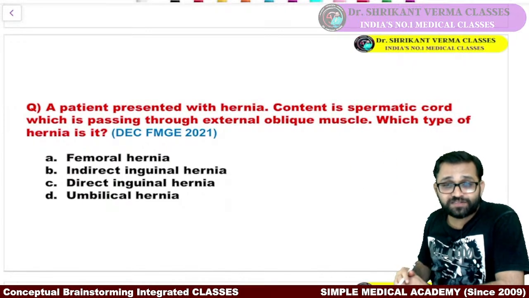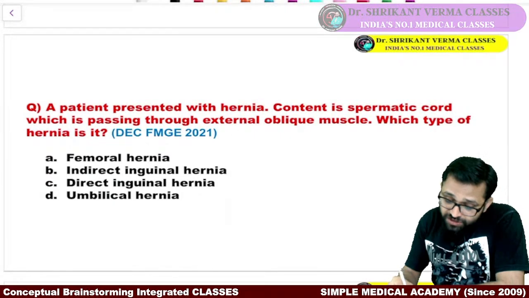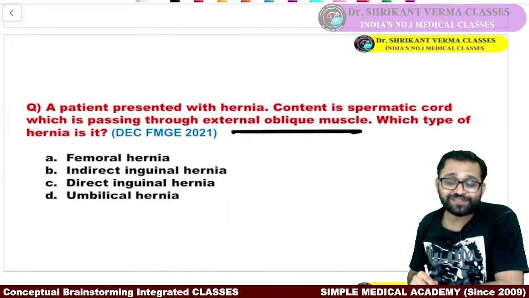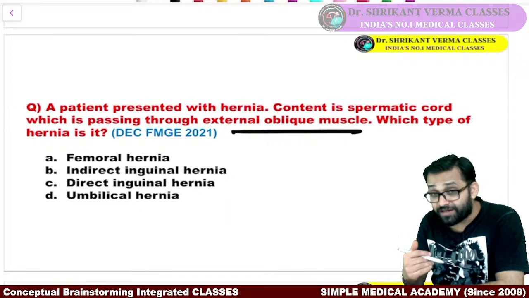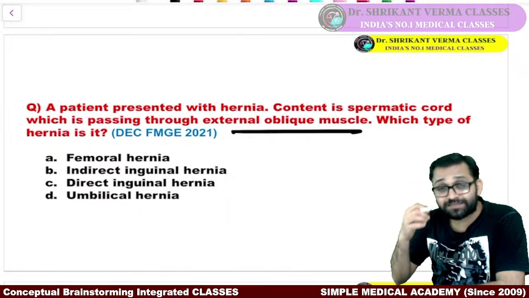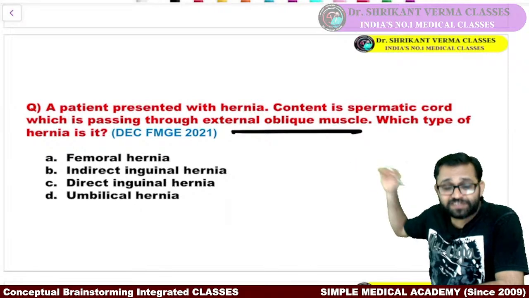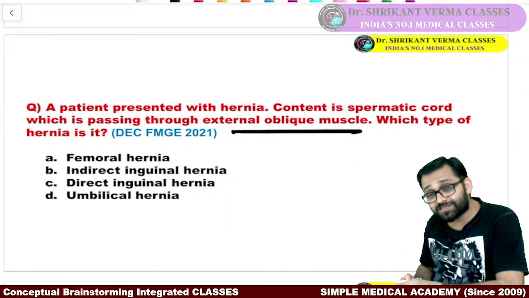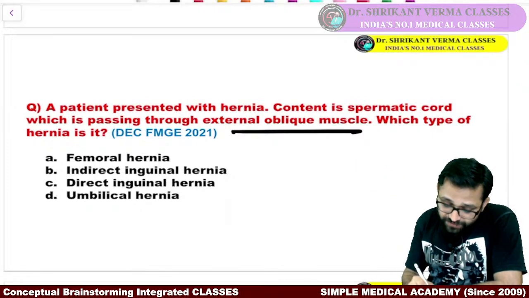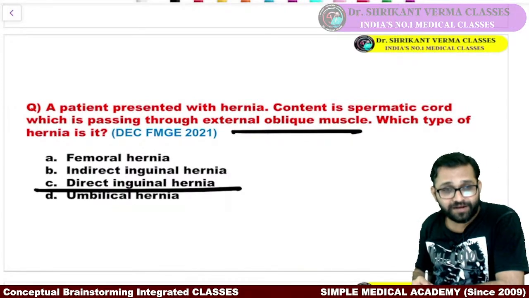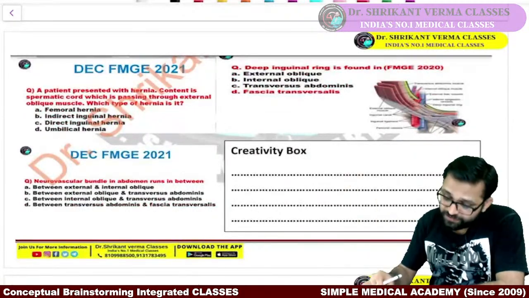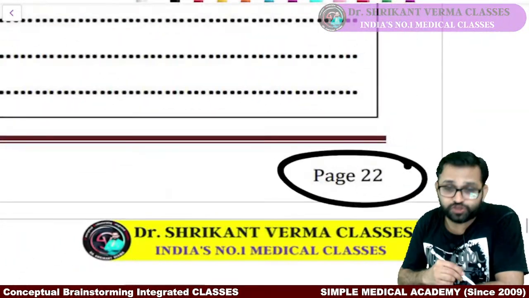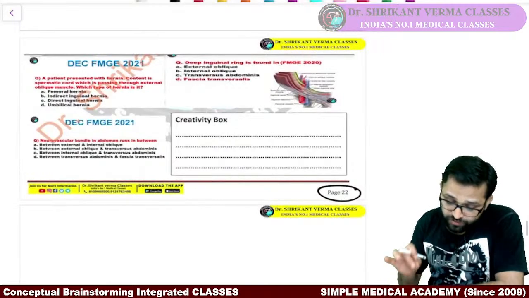A patient presented with a hernia, the content is the spermatic cord passing through the external oblique muscle. So it is coming from the external oblique, not through the fascia transversalis, directly coming out. That's why you will say this is a direct inguinal hernia. Getting the point? All these things we discussed on page number 22, so you can focus on all this.